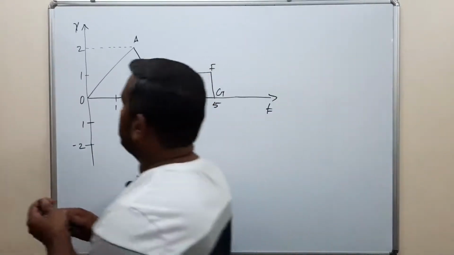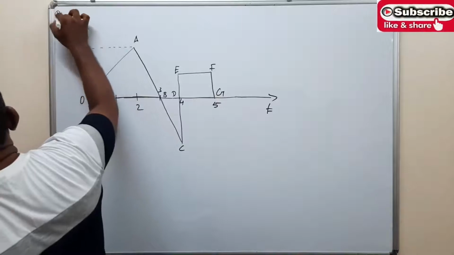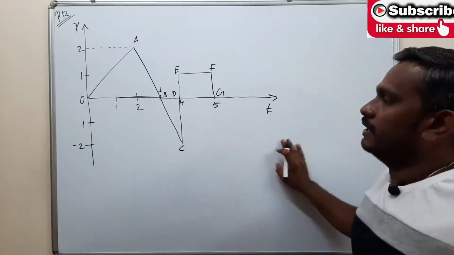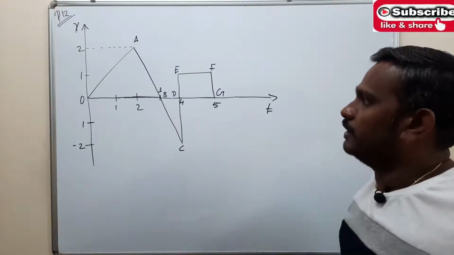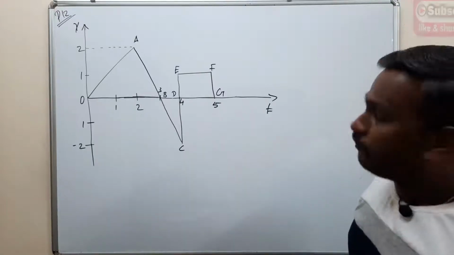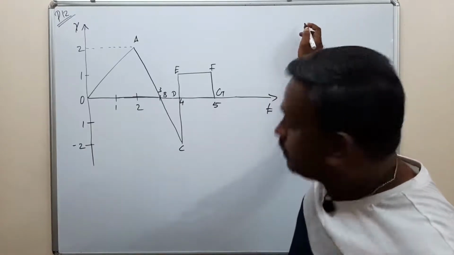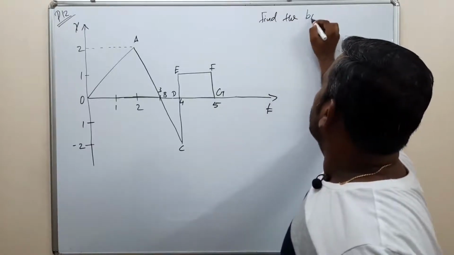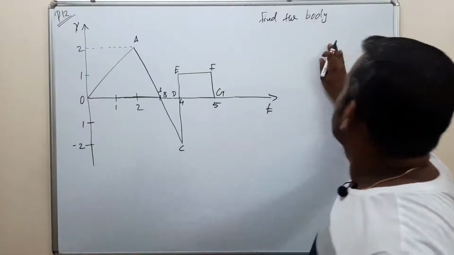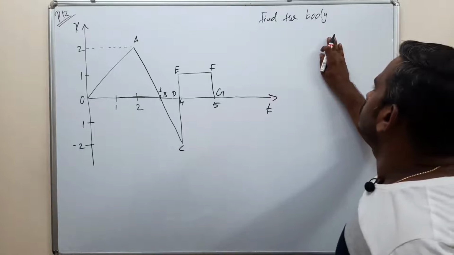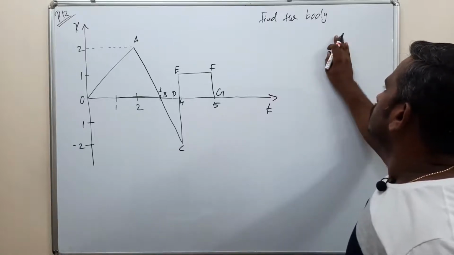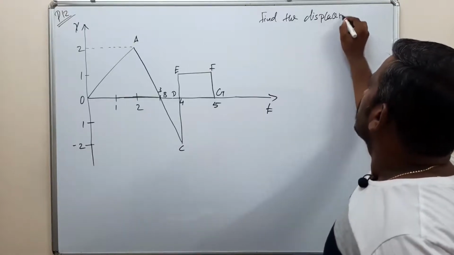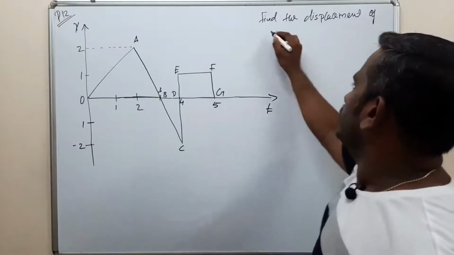So 12th question. This is the velocity time graph given, velocity time graph of a linear motion of a body.